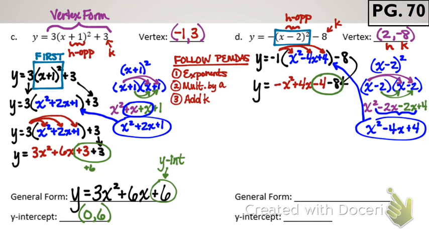Negative 4 and negative 8, what do I get when I combine those? Negative 12, yes. I've got my general form. y equals negative x squared plus 4x minus 12.